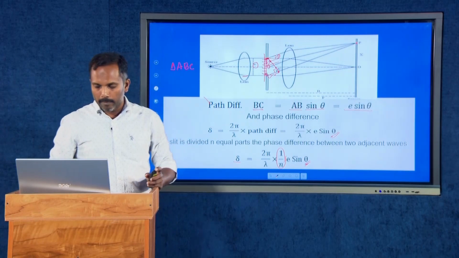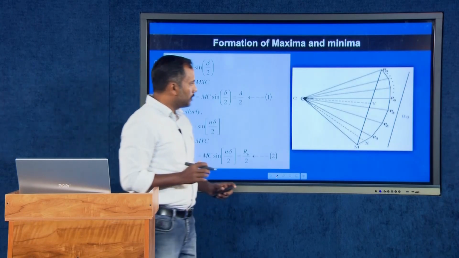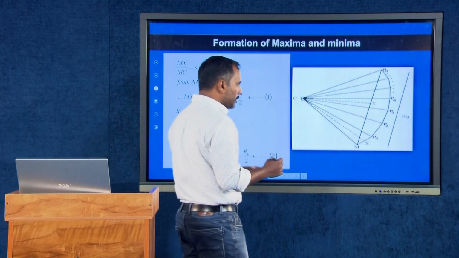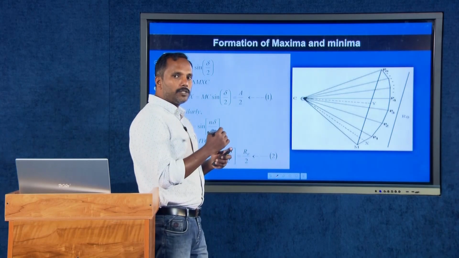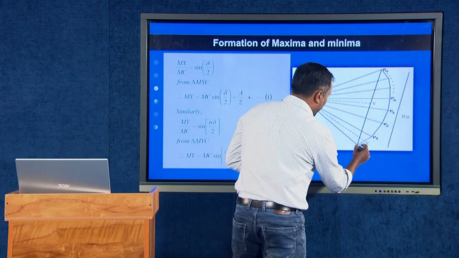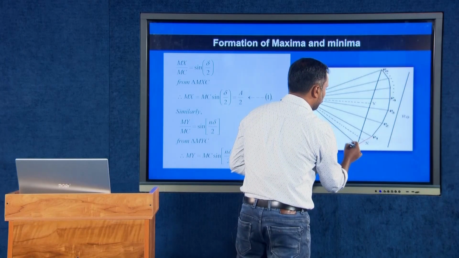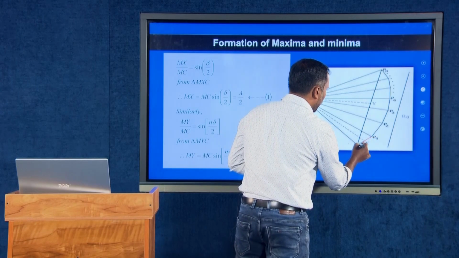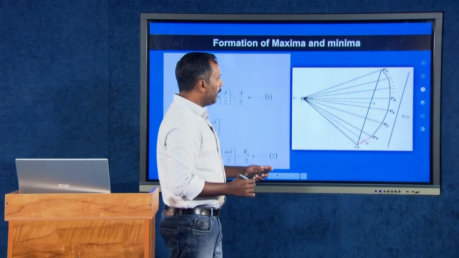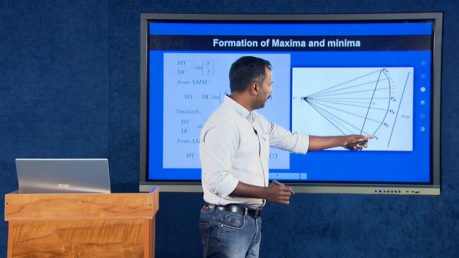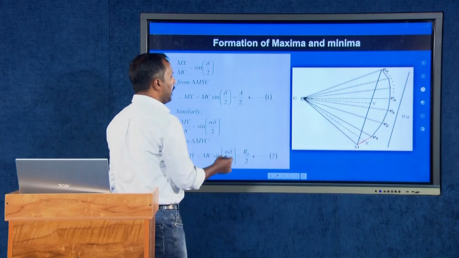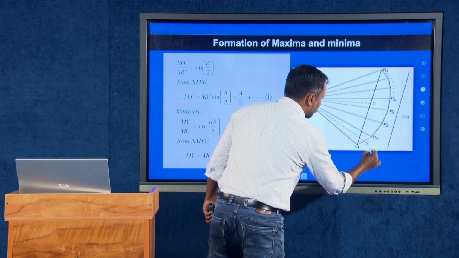I am drawing that amplitude in this diagram. Suppose the amplitude from the first part is MP, which I am taking as A. A is the amplitude from the first part.